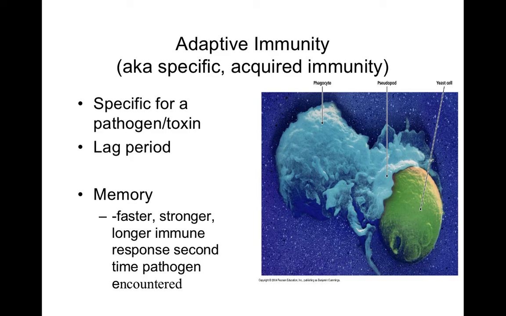But in that first response, the primary immune response, we're making fantastic memory B lymphocytes and T lymphocytes, so that the second time we encounter that pathogen or exotoxin, we have a much faster, stronger, more effective response with higher levels of IgG antibody, longer lasting. We call this the secondary immune response. And in addition, we're going to make even more memory cells.